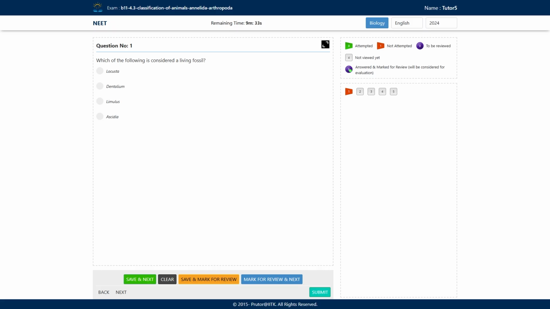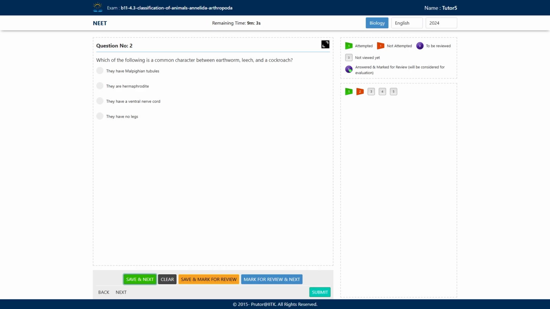The options are: A. Locust, B. Dentalium, C. Limulus, and D. Aedes. The correct answer is option C, Limulus. That is called a living fossil, the king crab. I'll opt for C as the correct option and save it. Move to the next question.